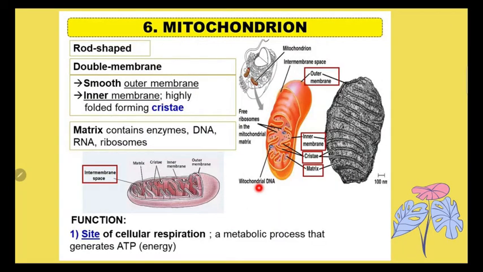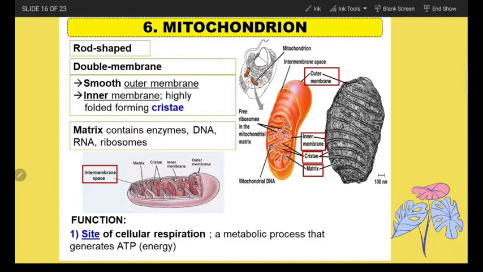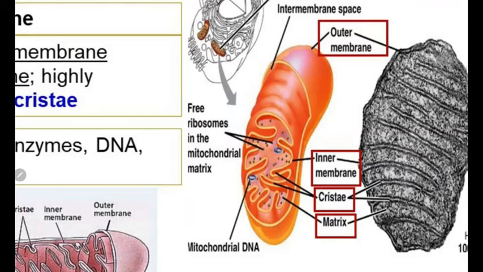Okay, next is the mitochondrion. The mitochondrion is rod in shape. It is a double membrane organelle, and because it has a double membrane, of course it will have an outer membrane and an inner membrane. So we zoom in on the structure of the mitochondria. Where is the outer membrane?